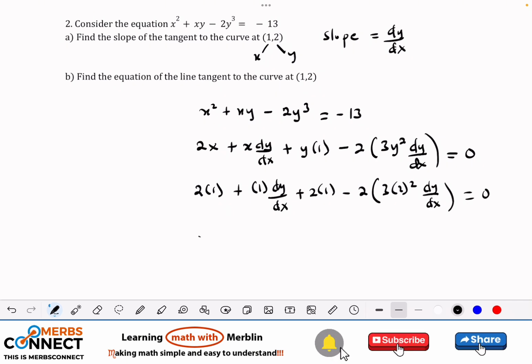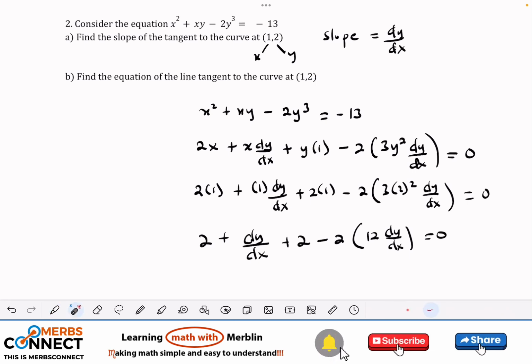So what are we going to get? 2 plus dy over dx plus 2 minus, 2 squared is going to be 4, 4 times 3 will be 12 dy over dx, which is equal to 0. This 2 and this 2 is going to give us 4. So 4 plus dy over dx. And then when I multiply these two to this, I'm going to have minus 24 dy over dx, which is equal to 0.